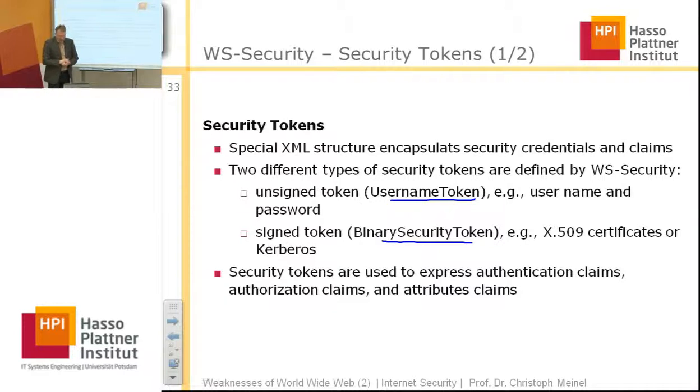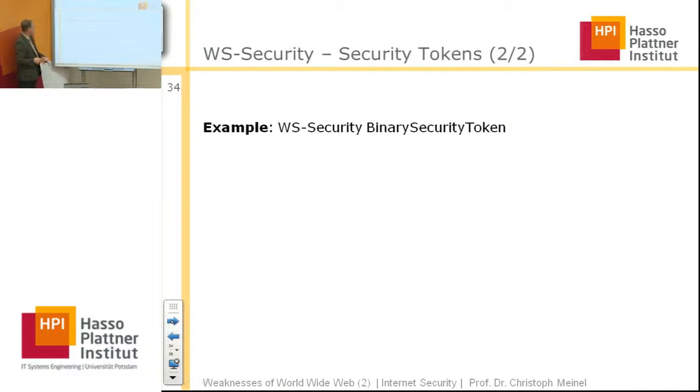These security tokens are used to express authentication claims, authorization claims, and attribute claims. So it's important that if automatically one web service wants to start another web service to get a certain result, they have to discuss what kind of security mechanisms are requested, what they need to implement.